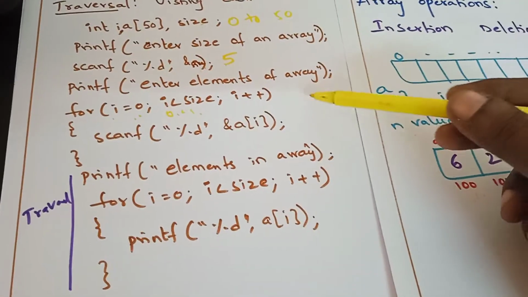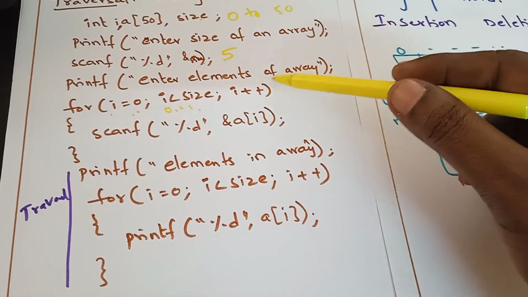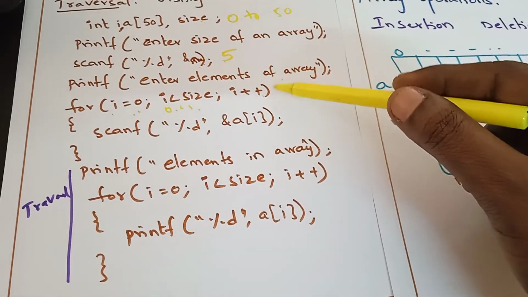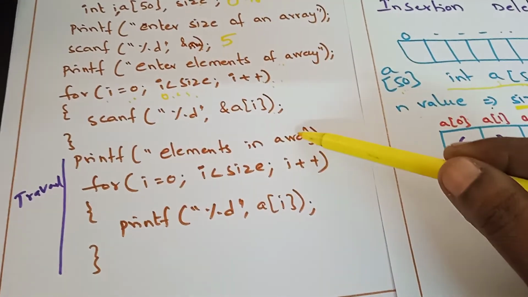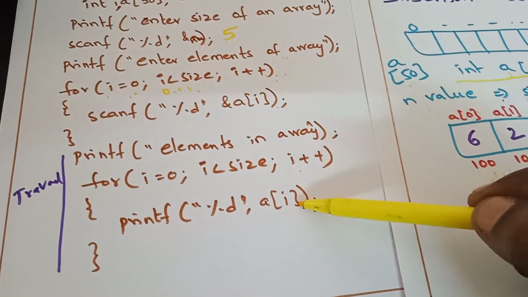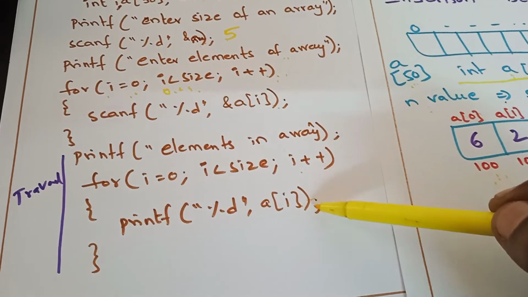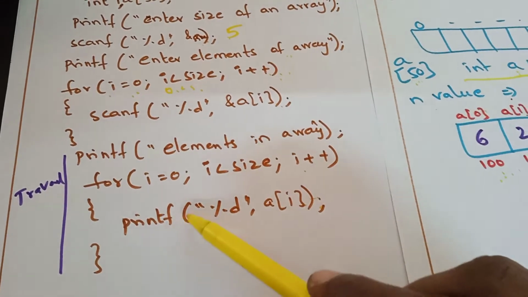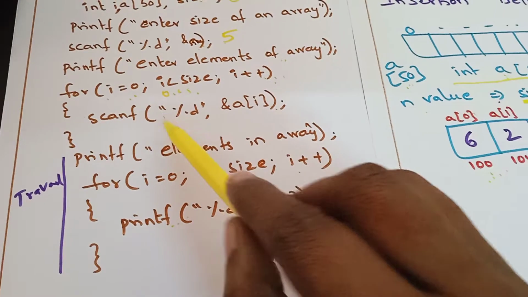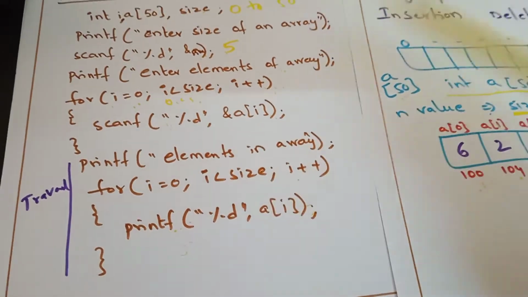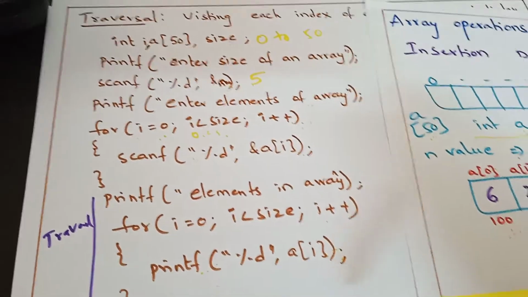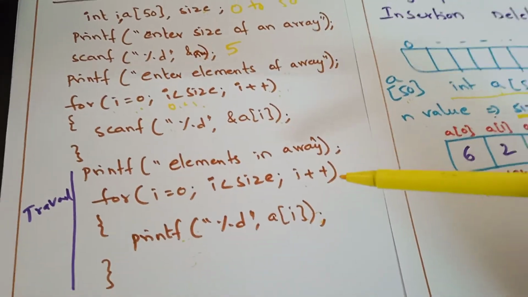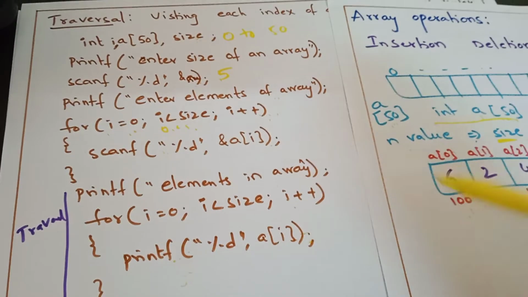So if you look at these three statements, printf, for loop, scanf is for reading the element into an array. Again printf, for loop, printf is for display. Printf means display. Scanf means we are putting elements inside. Printf means we are accessing them outside. So this is simple traversal, which is accessing the array elements available at each index.